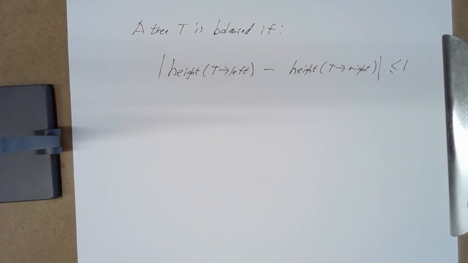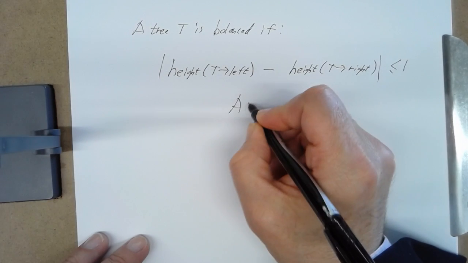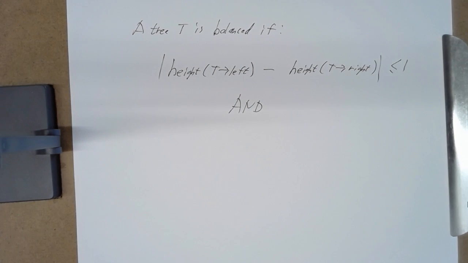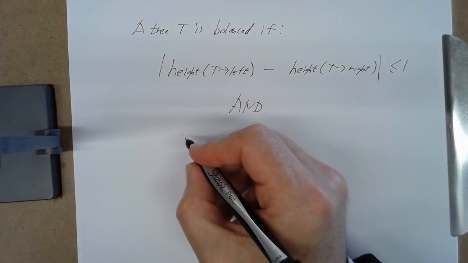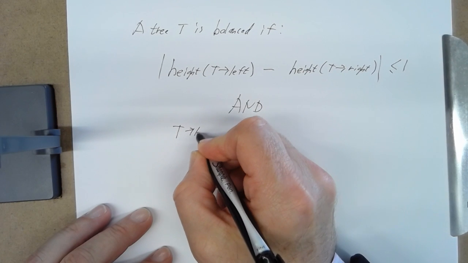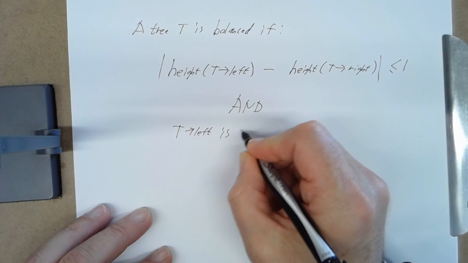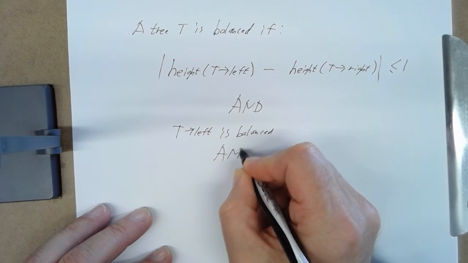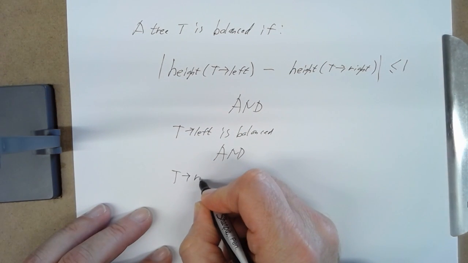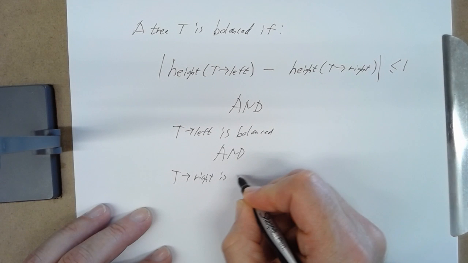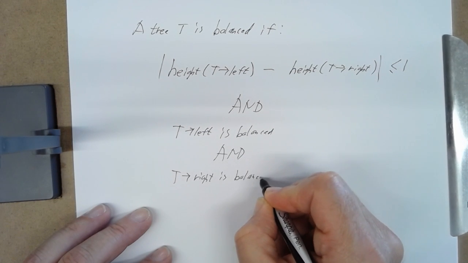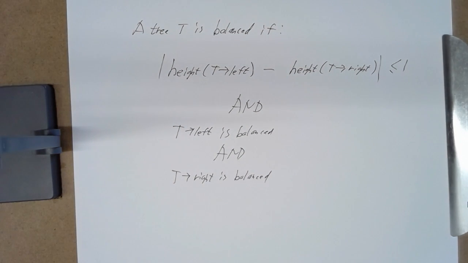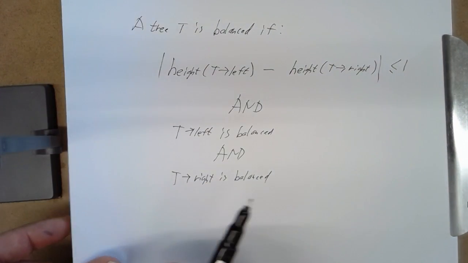And we're not done. This is that Indiana Jones thing. There's another side to this. The left subtree is balanced. And the right subtree is balanced.